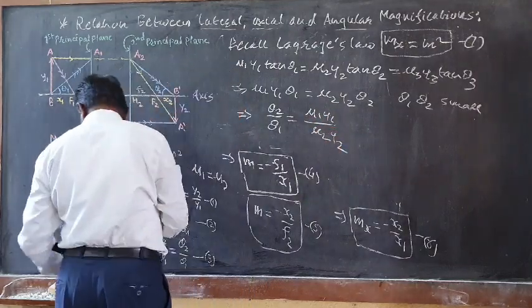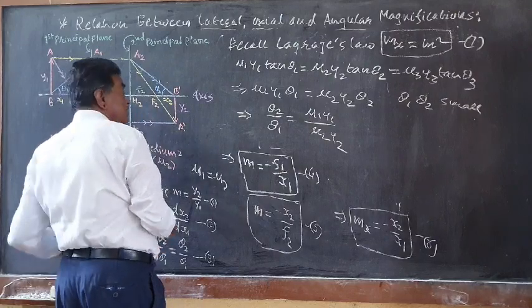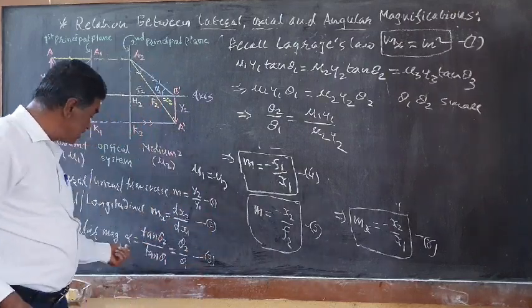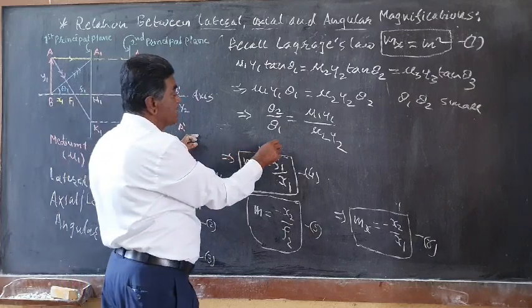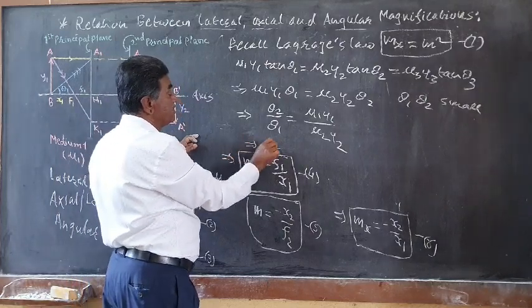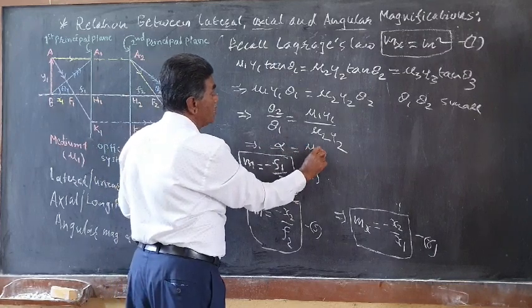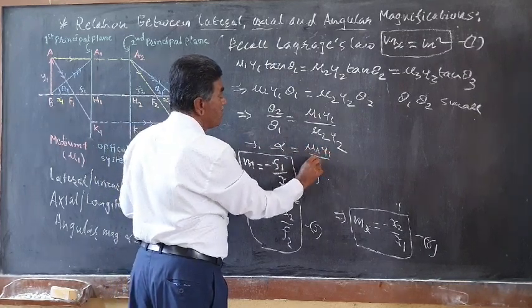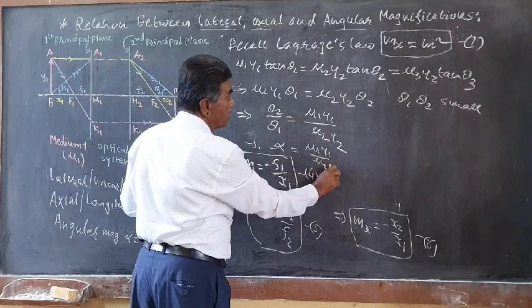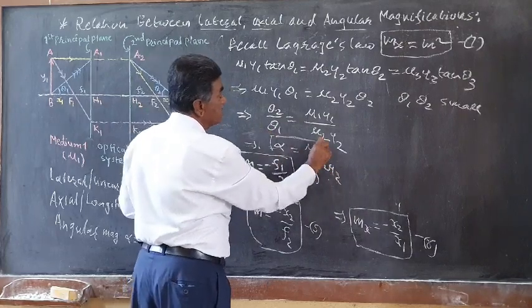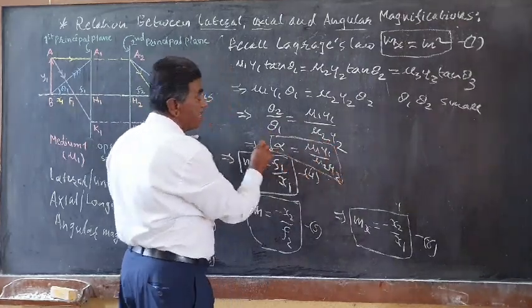Theta2 divided by theta1 is nothing but the angular magnification alpha. So alpha is equal to mu1 y1 divided by mu2 y2. This is the definition that gives the angular magnification.